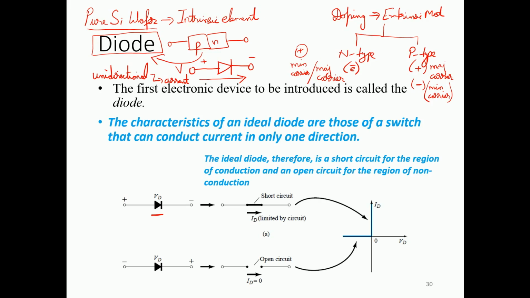Let us first understand how the name diode came into existence. Diode is a combination of two words: di means two and ode is short for electrode. So this means we have a device that basically consists of two electrodes. In the symbol of the diode, this is the first electrode and this is the second electrode, and the triangular sign with the vertical bar represents the symbol of the diode.